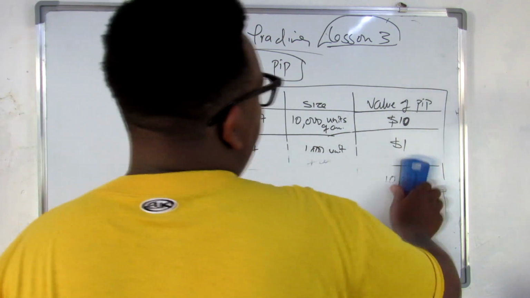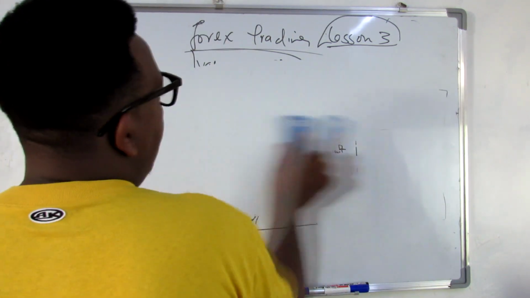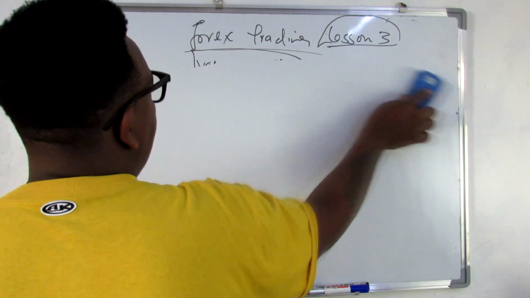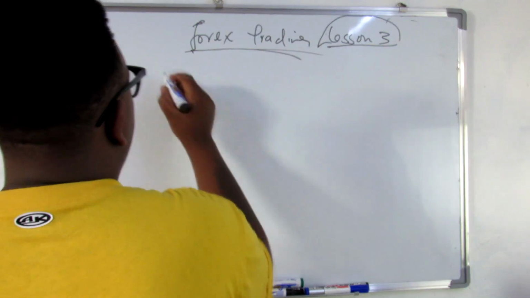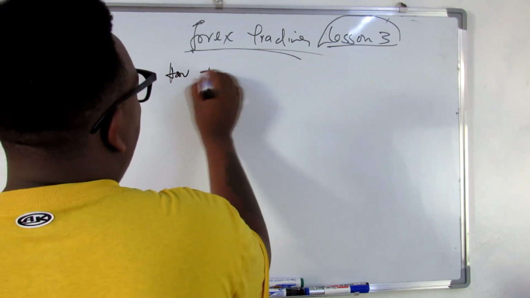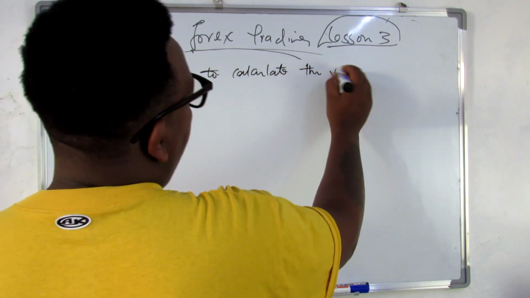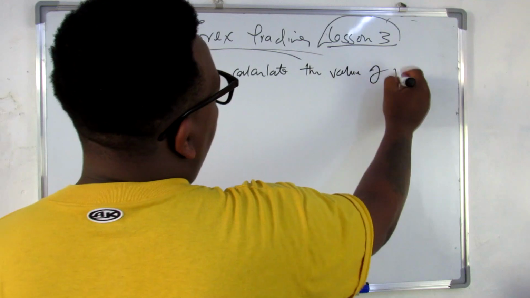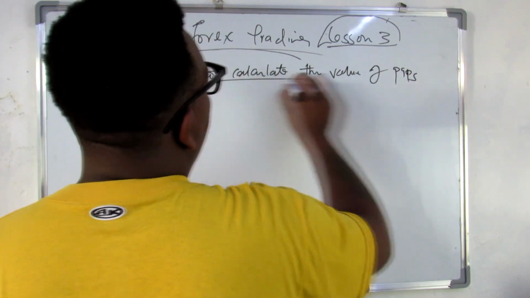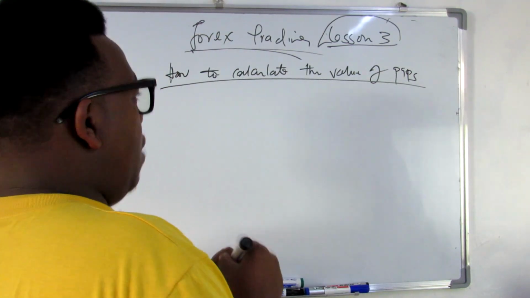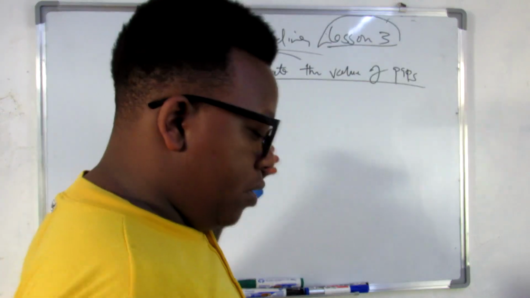To do that, let me just clear this one. Then I'll show you how to calculate the value of pips with regard to the table that we have just drawn.